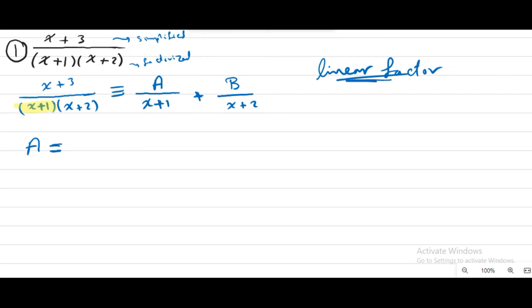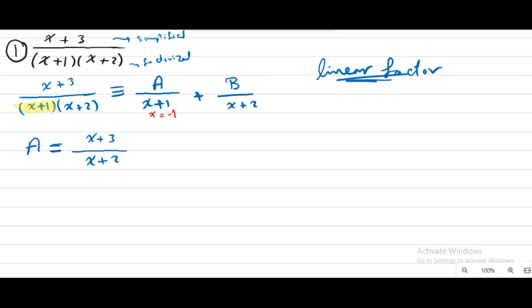After covering the denominator of letter A from the main expression, we will get (x + 3) over (x + 2). Then this factor equals 0 when x equals negative 1.